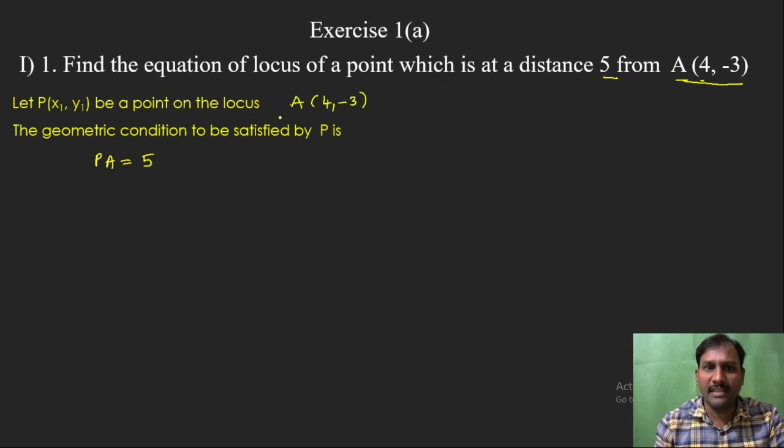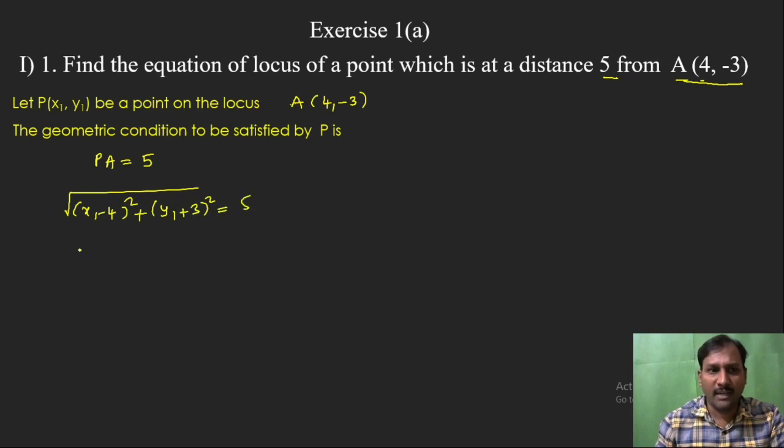(4, -3). So distance between these two is nothing but under root (x1 - 4) whole square plus (y1 - (-3)), that is plus 3, whole square, equal to 5. Squaring on both sides, you will get (x1 - 4) whole square plus (y1 + 3) whole square is equal to 5 square.